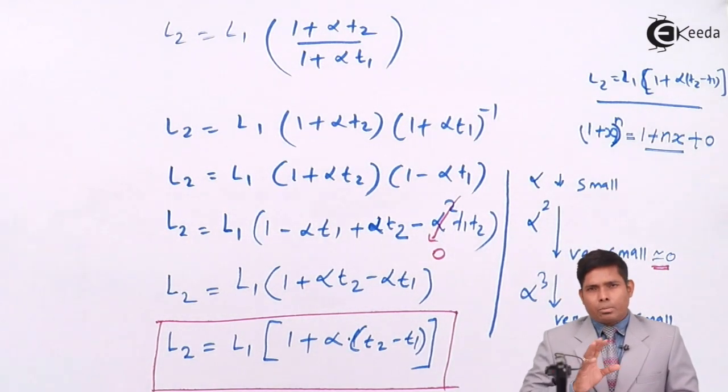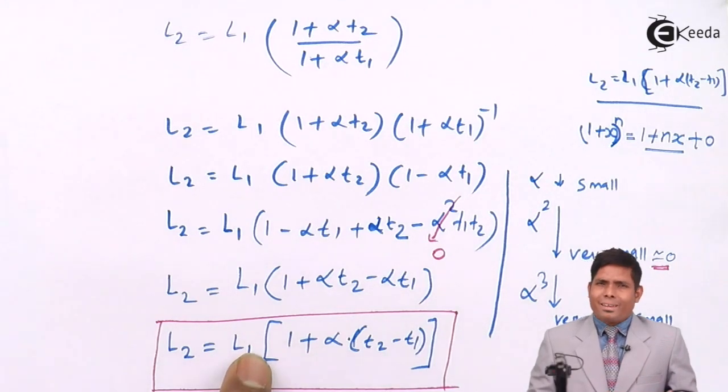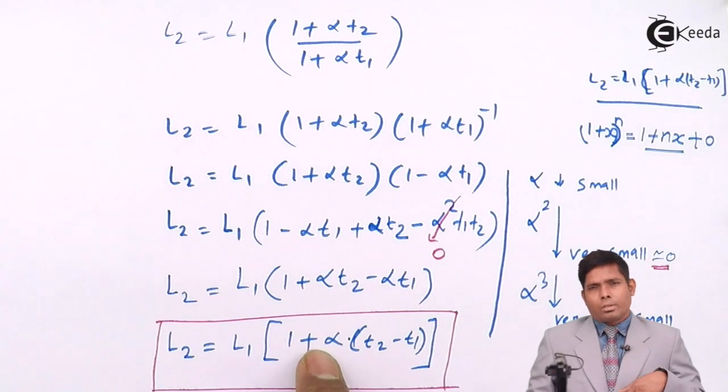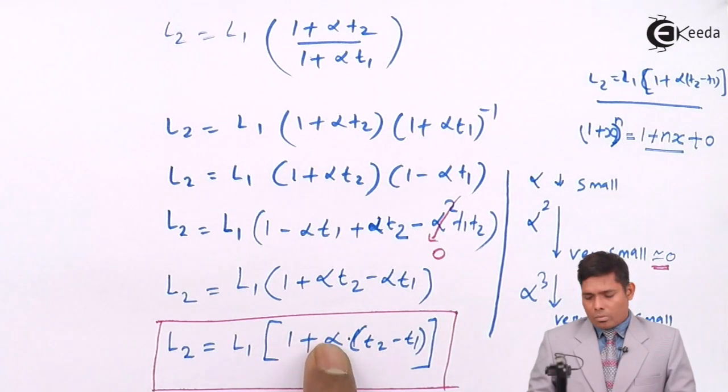It will be identical to the formula here: here it is L2, here it is L1, so in place of L you will have A, area. So A2 equals A1 into 1 plus, in place of alpha you will have beta. The formula you have to derive next in the video is A2 equals A1 square bracket 1 plus beta (T2 minus T1). Okay, that will do.